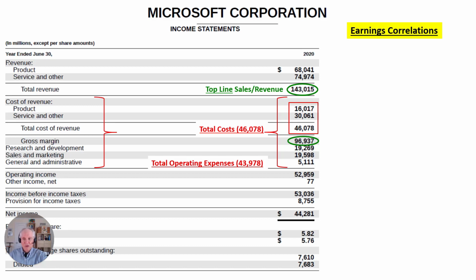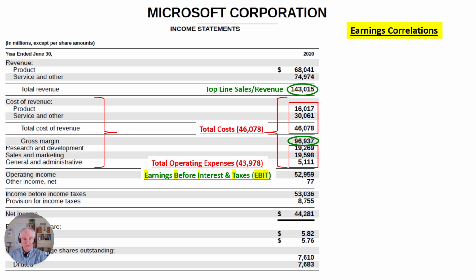$43,978,000,000. That brings our operating income, or EBIT, earnings before interest and taxes, to $52,959,000,000. Below that number are the other things: the I for interest expense, the T for taxes.